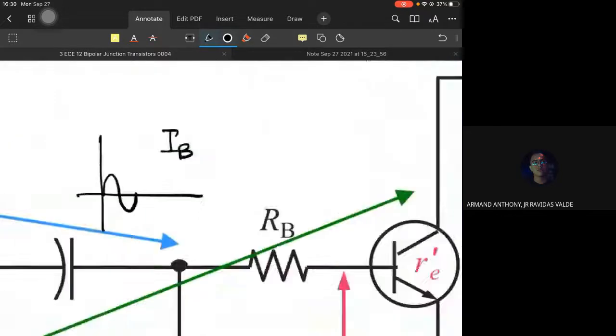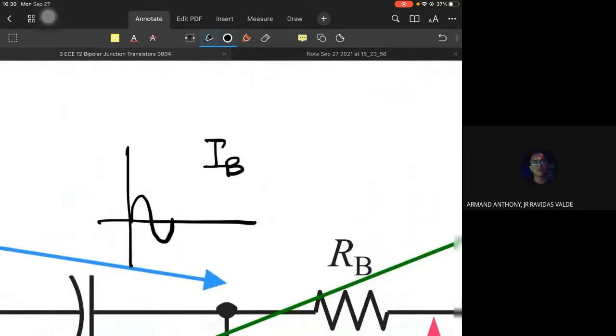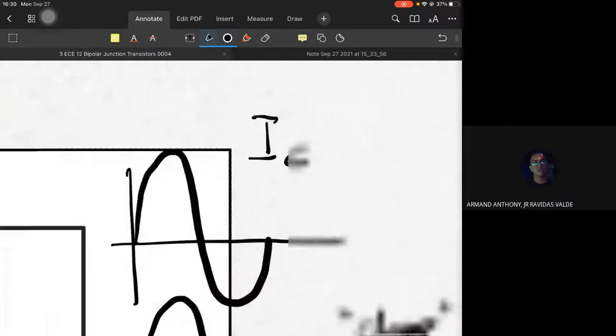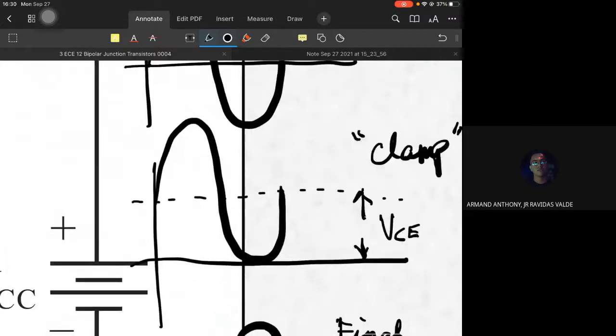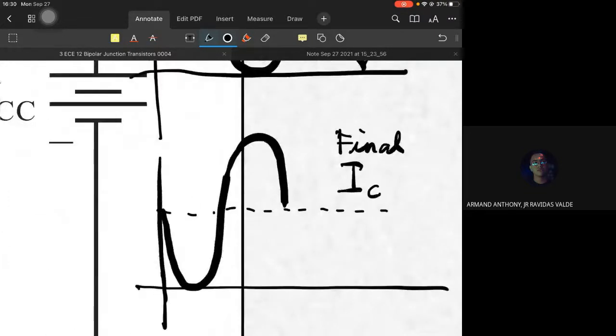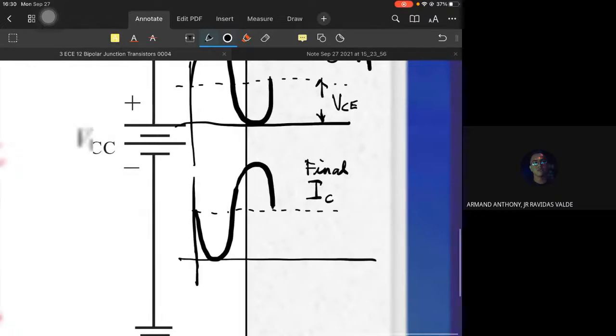So the input signal is amplified, clamped, and inverted.